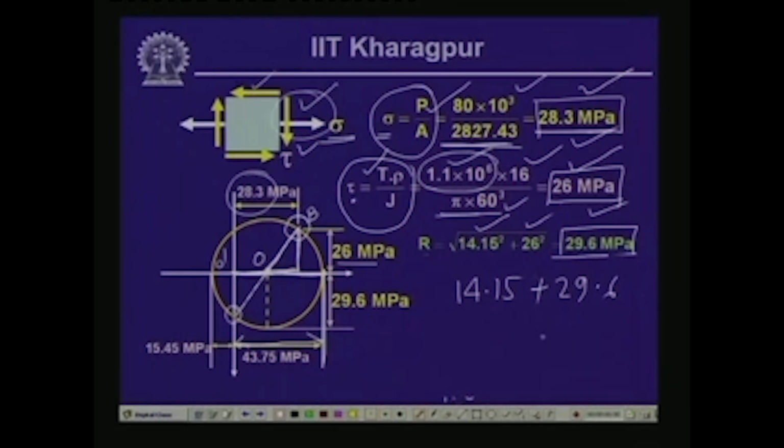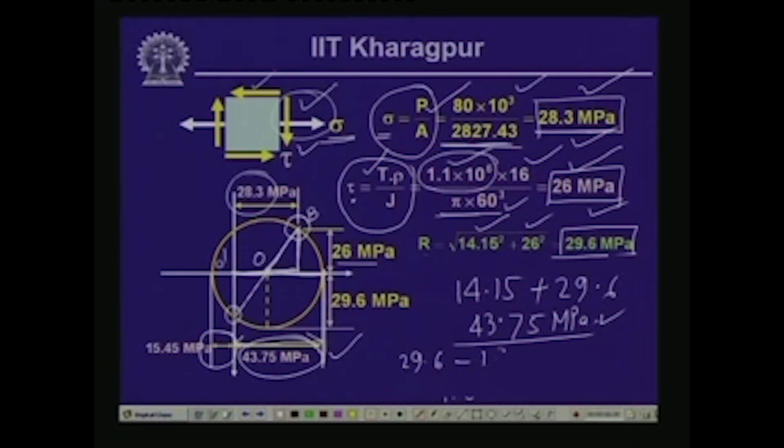If we add that, we get 43.75 megapascal. This is the maximum principal stress, and this being positive, it is the tensile stress occurring in the member at that point. And this is the minimum principal stress, which is equal to the radius 29.6 minus 14.15, and that gives us a value of 15.45 MPa.